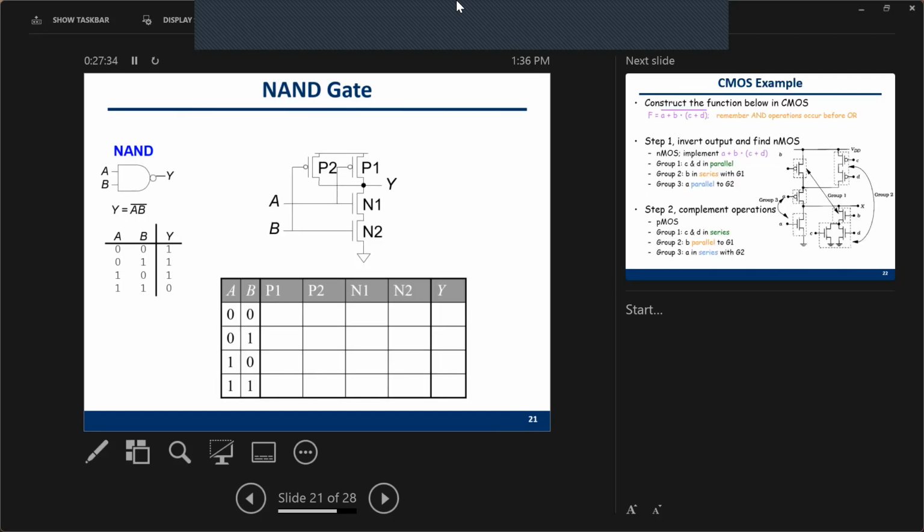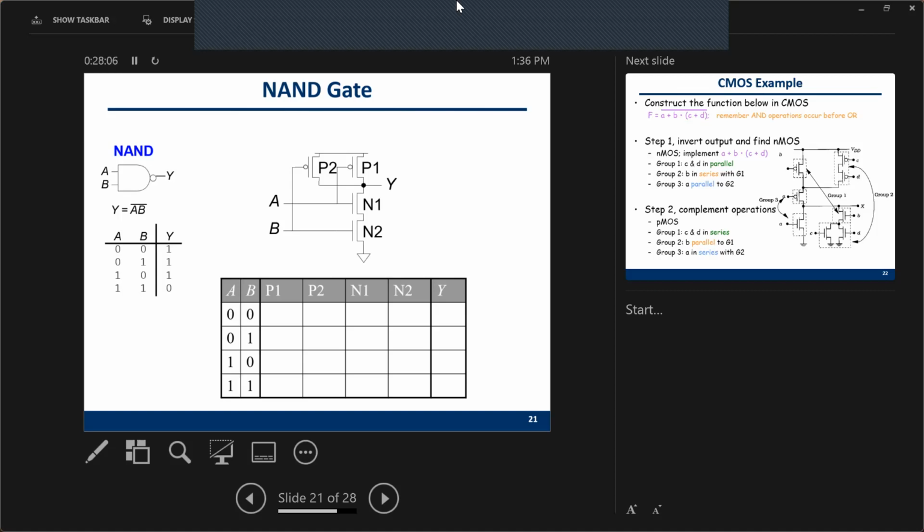Here is a more complex example, which is a NAND gate. We have 2 inputs here. And then we have 2 PMOS, which are connected in parallel. And we have 2 NMOS, which are connected in sequence. And then we will analyze each case here.